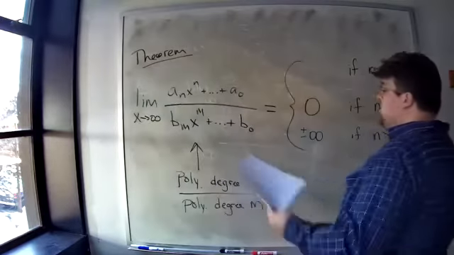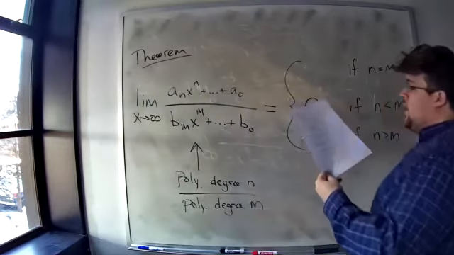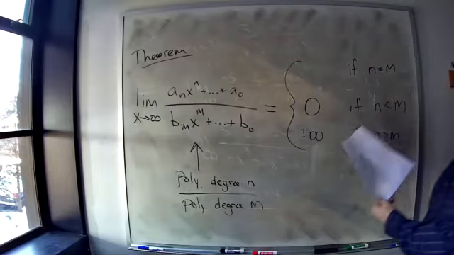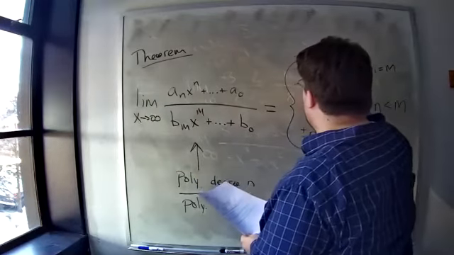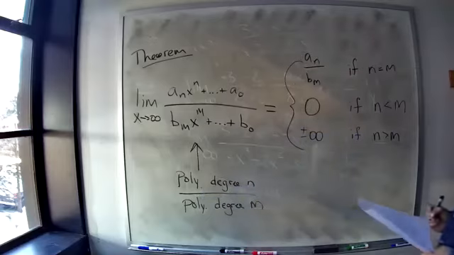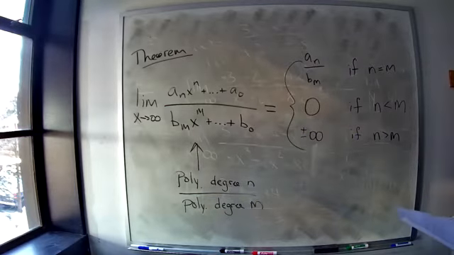So if the degree on top is the same as the degree on the bottom, as it is in 3A, the limit would be given by the ratio of their coefficients on the largest exponent term.